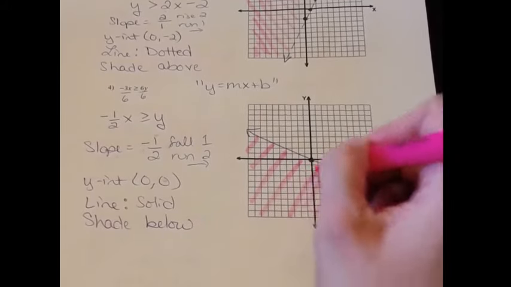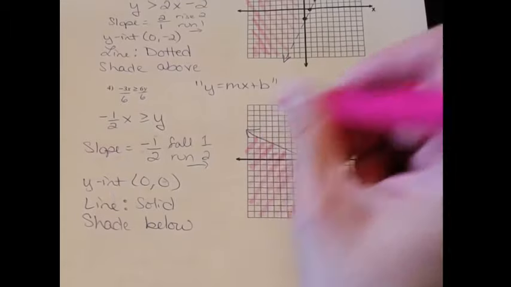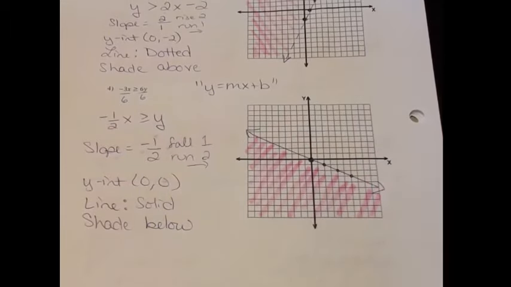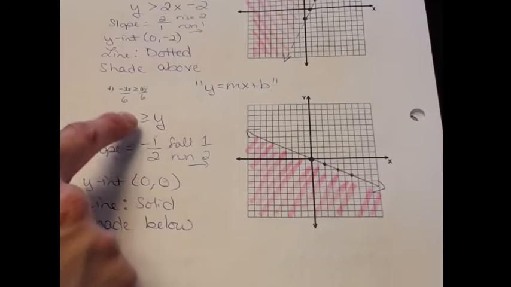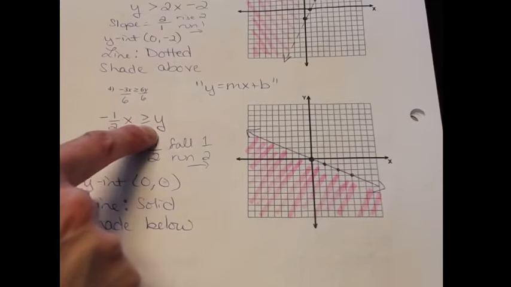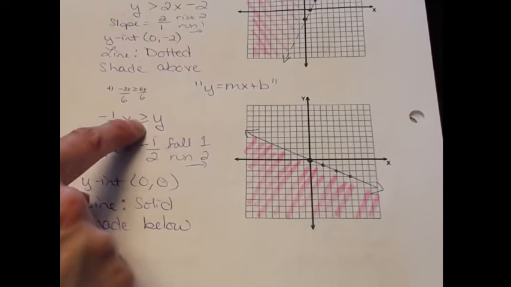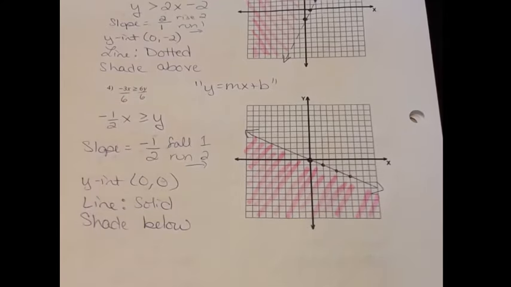Again, if that idea is weird for you, I want you to reread what our inequality shows. Negative 1/2 x is greater than or equal to y, which implies that y is less than or equal to negative 1/2 x. So because y is less than the line, you shade below.